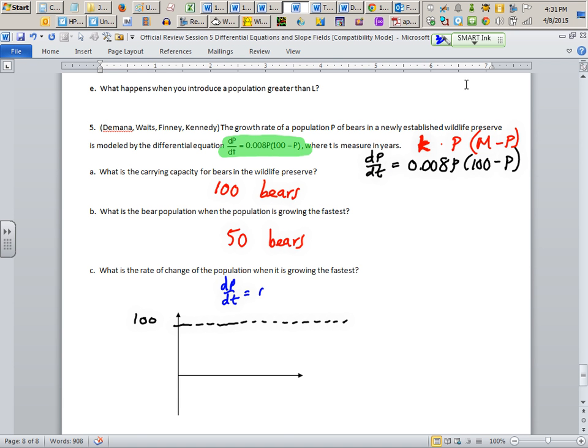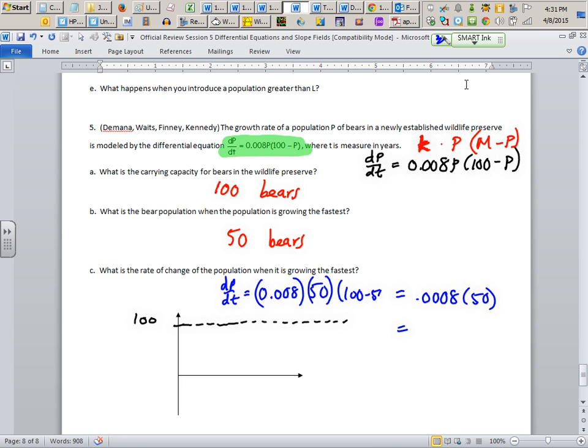Well, that should be easy. It's 0.008 times 100 minus 50. So basically 0.008 times 50. Oh, I forgot the extra P. There's 2 P's here. So there's a 50 and then a 100 minus 50.